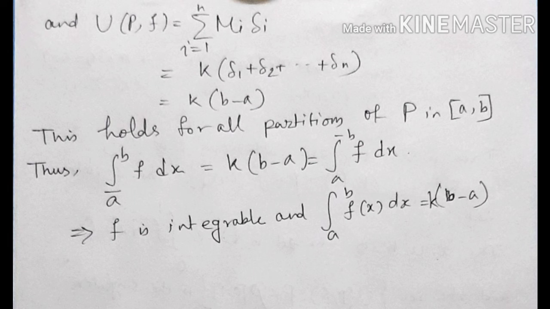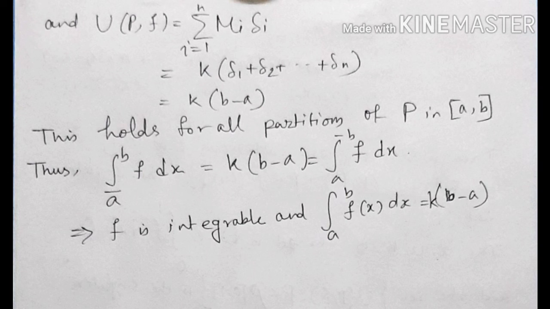Now, L(P,f) is the summation over small mi delta i, i = 1 to n. Putting the value of small mi, we get k times (delta 1 + delta 2 + ... + delta n), which is equal to k(b - a). And U(P,f) is the summation over capital Mi delta i, i = 1 to n.